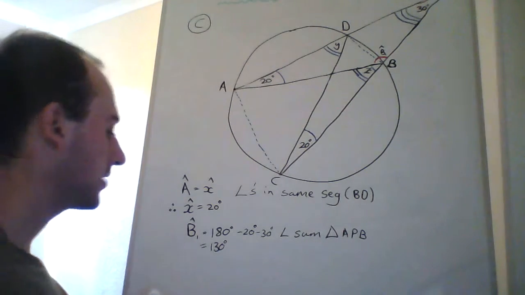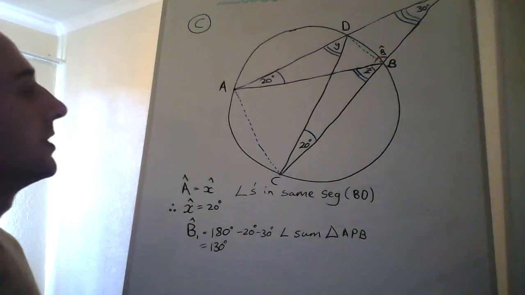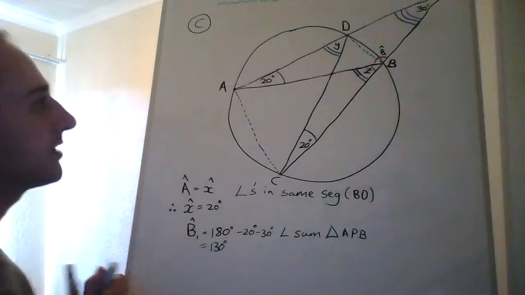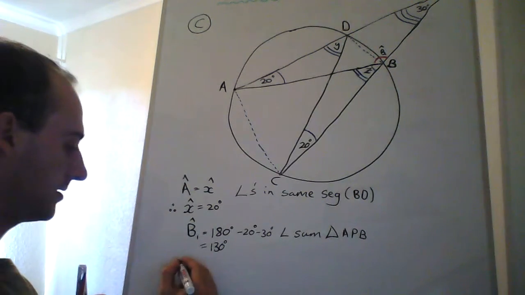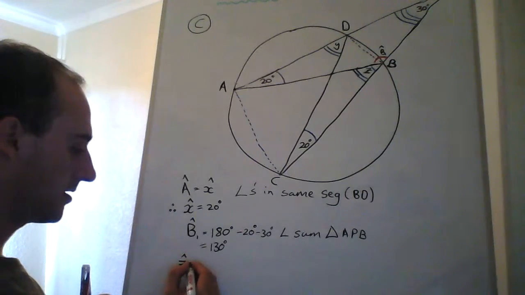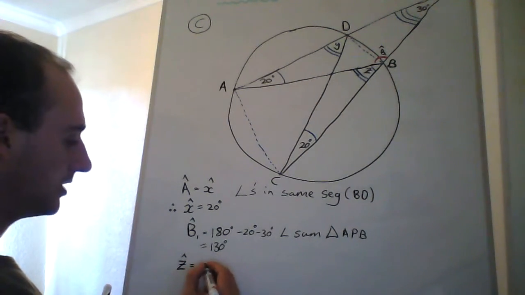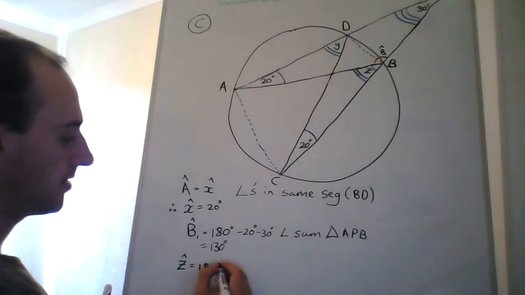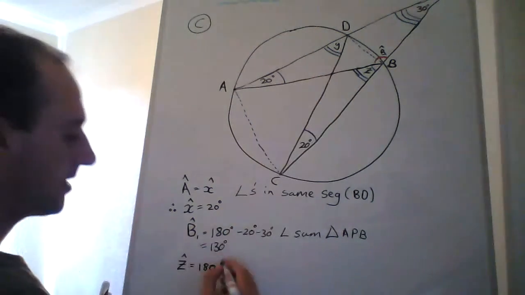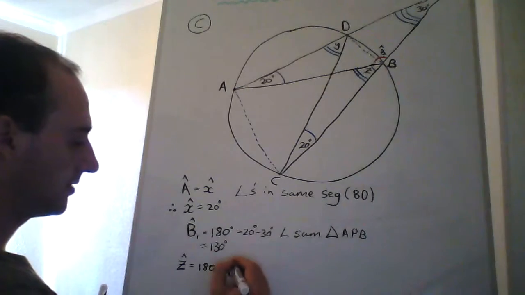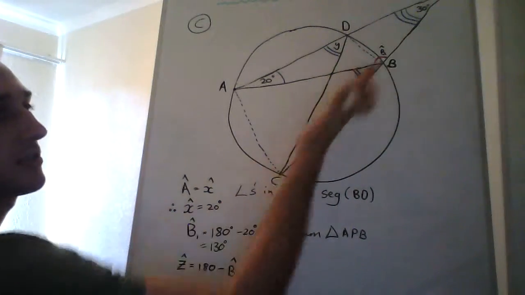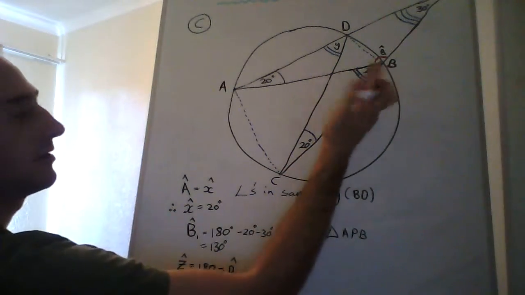Okay, great. Now, from that point onwards, we can now say that angle Z must equal 180 degrees minus angle B1. Okay, and that makes sense. They're on a straight line over here, these two angles.